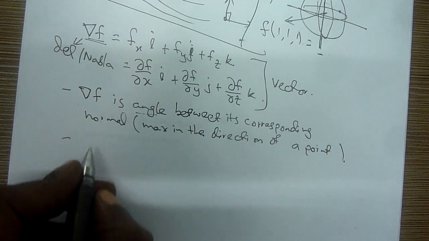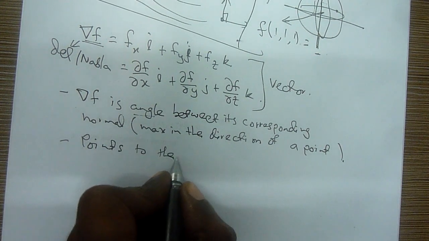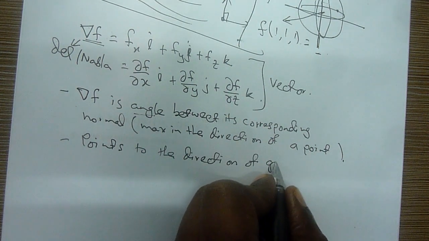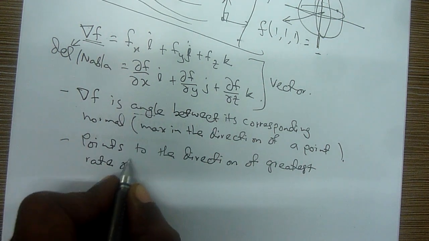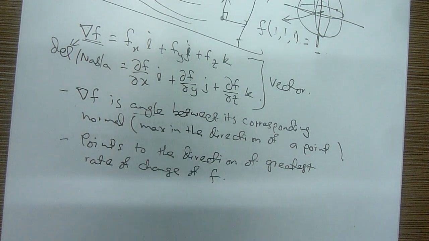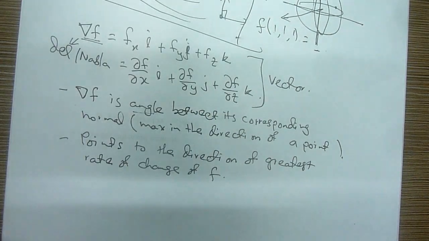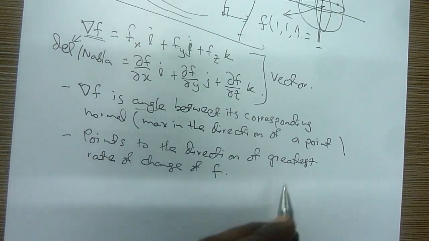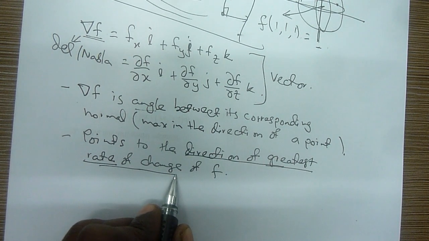Or we may say again, it points to the direction of greatest rate of change of F. This is the surface of F. Remember, this is the surface of F. We are trying to see, maybe I may say the surface is smooth, but no, there are some directions of the greatest rate of change that can be monitored.